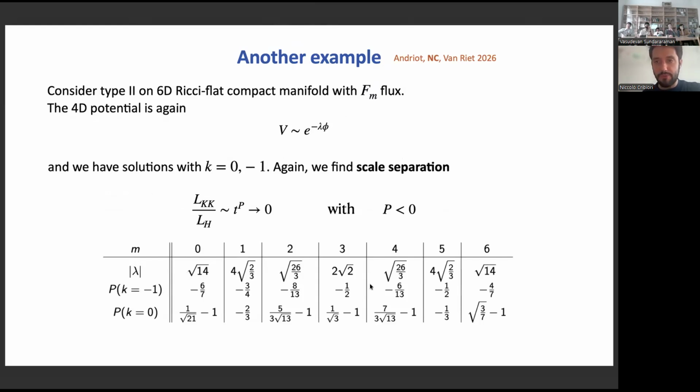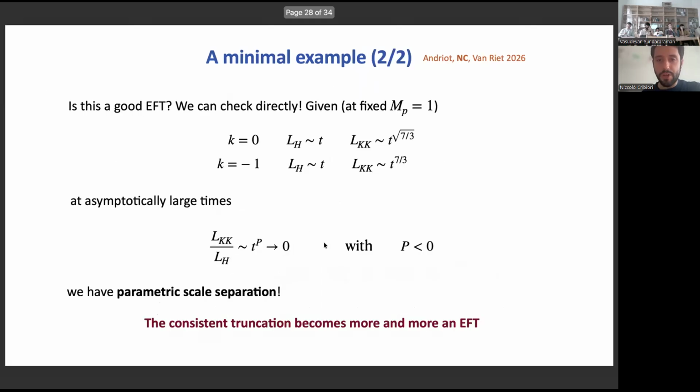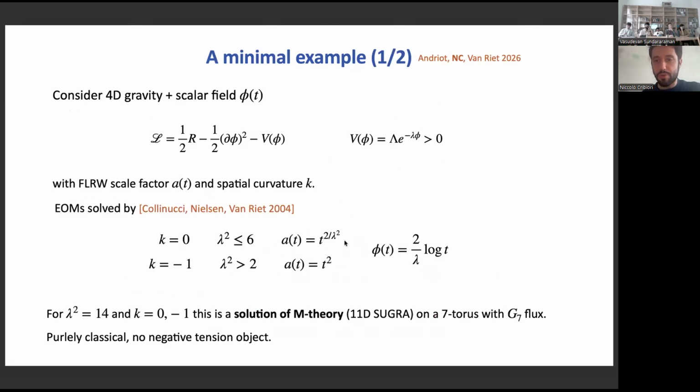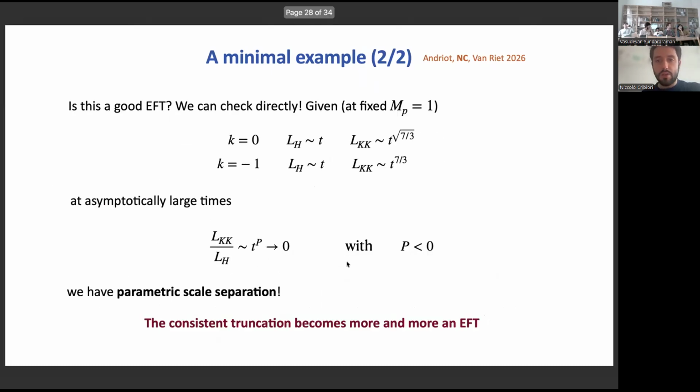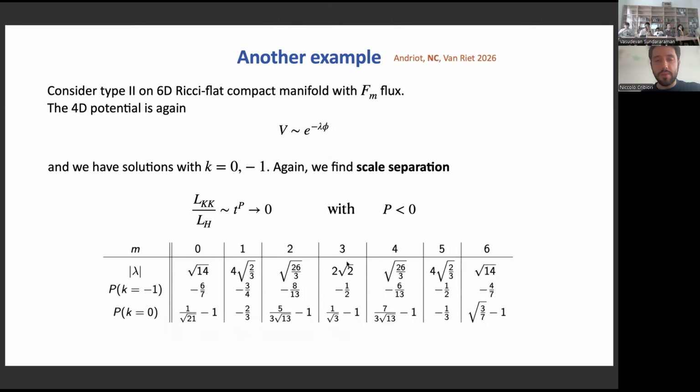This will turn into a different scalar potential, meaning a different lambda. And then lambda governs the profile of phi and also of the scale factor. So I have discrete choices of lambda, which are governing phi and the scale factor, meaning phi will eventually govern the Kaluza-Klein scale and the scale factor the Hubble. So this is why there is a discrete set of possibilities. Thank you.